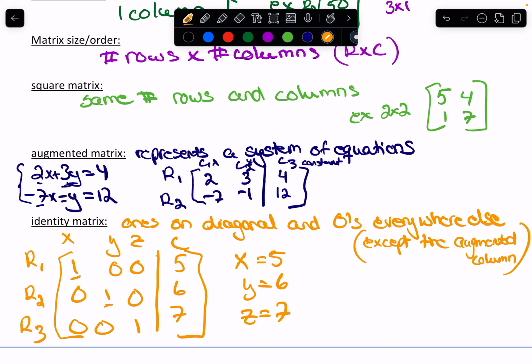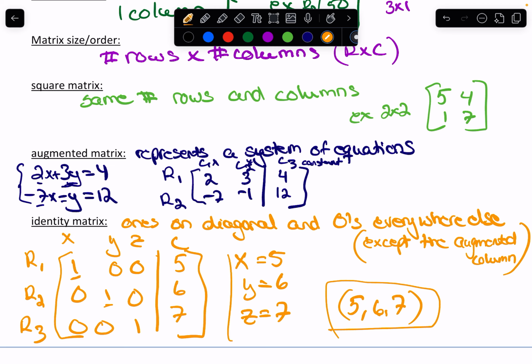That is why we sometimes want to get into or make sure that we have an identity matrix, because we can actually solve the system of equations with that. So we can say that x equals 5, y equals 6, and z equals 7.